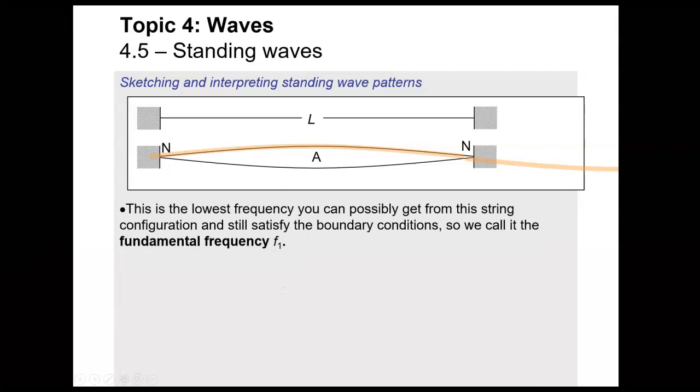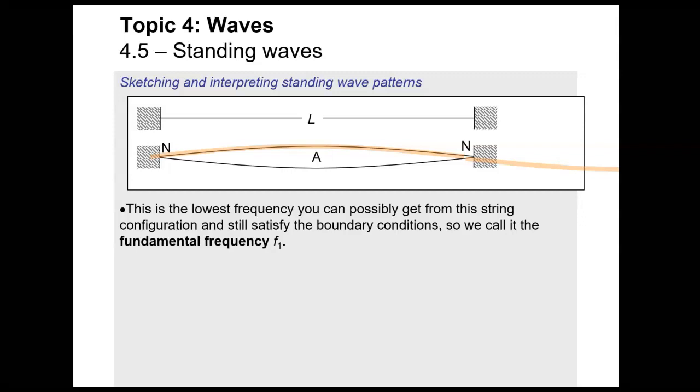Okay, and so this is what we call the first harmonic, or sometimes called the fundamental frequency. The frequency at which the standing wave is formed is the lowest possible frequency for which you can get a standing wave to appear on this string and still satisfy the boundary conditions.